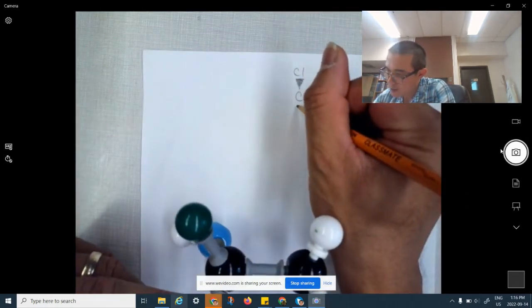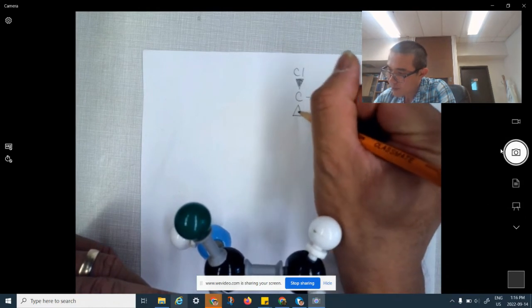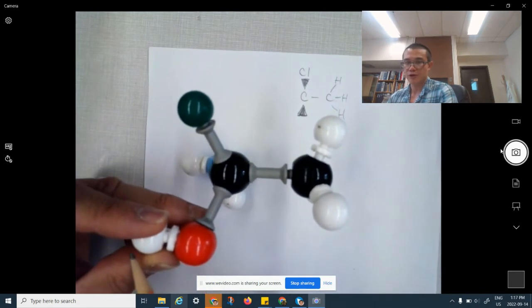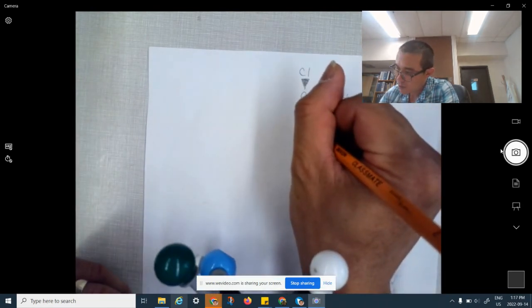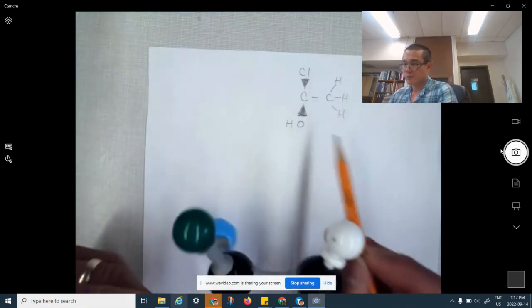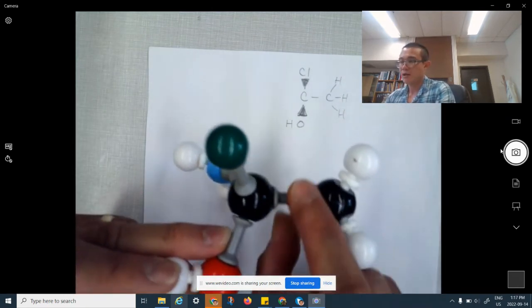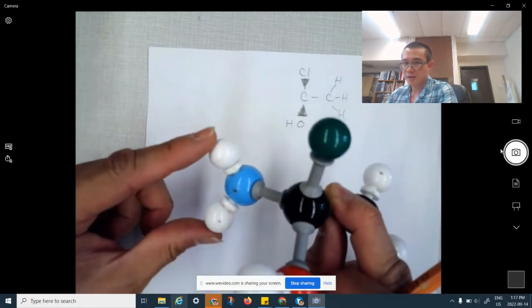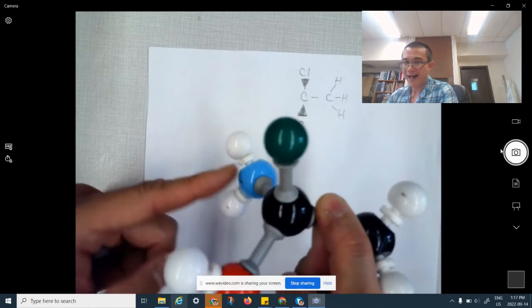So again, you have a solid triangle, oxygen, hydrogen, OH, sticking out of the page. And lastly, this nitrogen with two hydrogen, it's kind of behind the page.